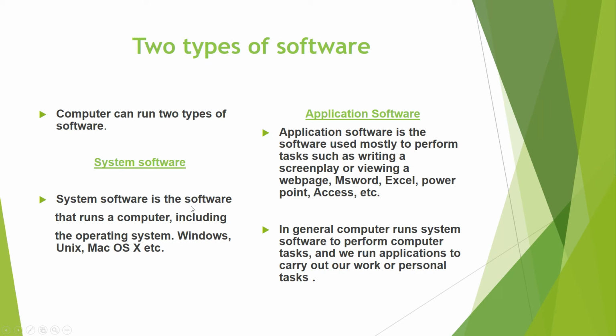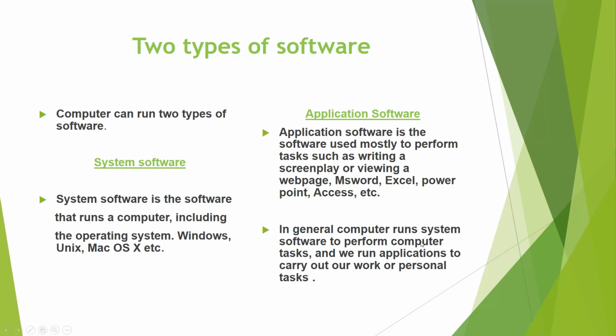System software is the software that runs a computer, including the operating systems, for example, Windows, Unix, Mac operating system, etc. While application software is the software used mostly to perform tasks such as writing a screenplay or viewing a web page: Microsoft Word, Microsoft Excel, Microsoft PowerPoint, Microsoft Access, etc.